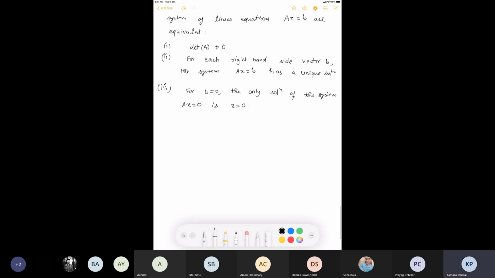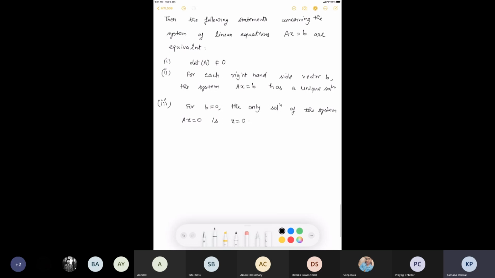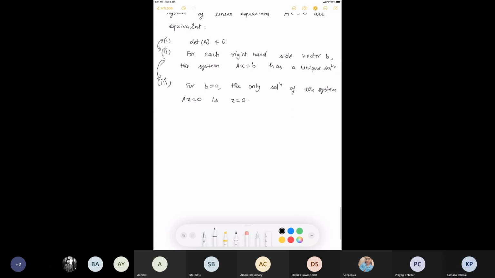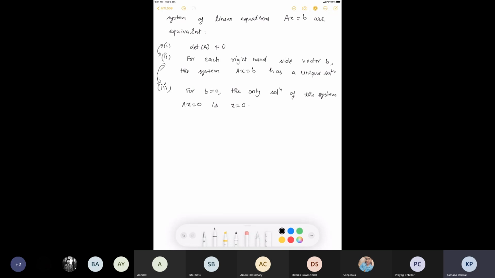Okay, so you can realize how we are going to observe this. Determinant of A not equal to 0 will clearly imply that this has a unique solution, and from 2 you can refer to 3, and you can observe how 3 implies 1. For this you can just use the rank of the matrix, and what happens if you have only the unique solution.